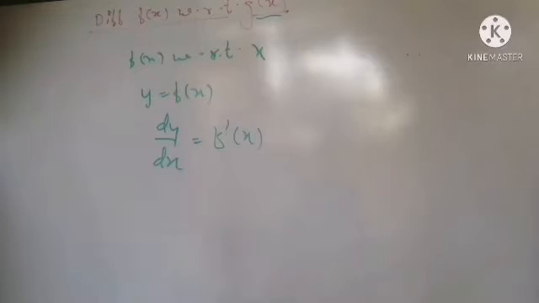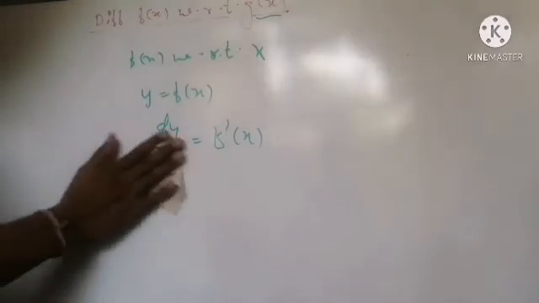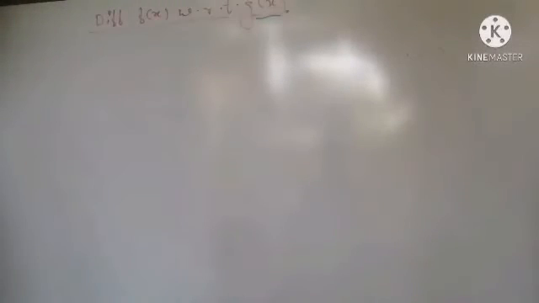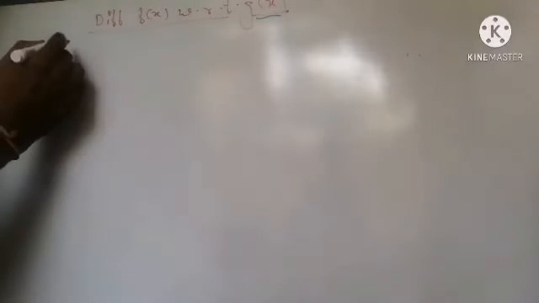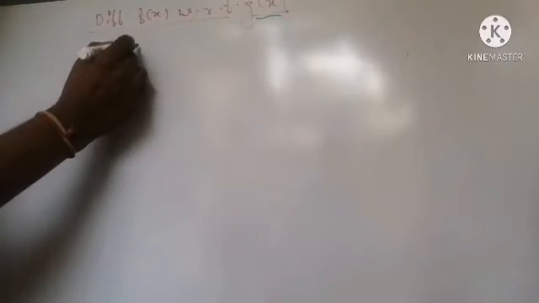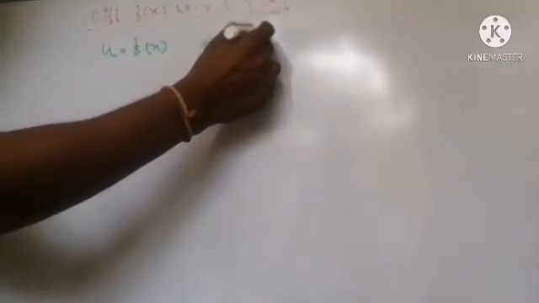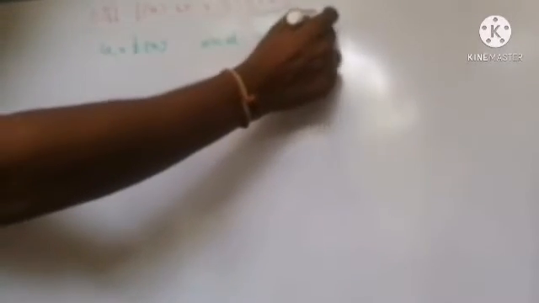In general, if a term of x is given, we put it in the dependent variable y. Now the same logic we use, as here there are two terms of x, so we use two dependent variables u and v. It will lead us to take u equal to f of x and v equal to g of x.